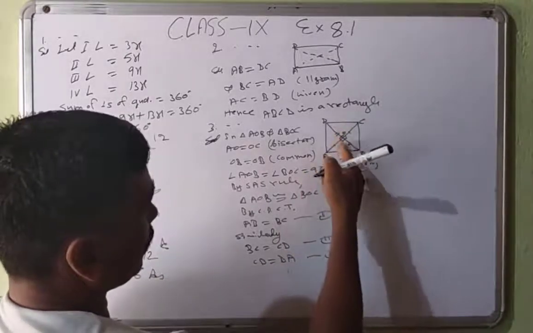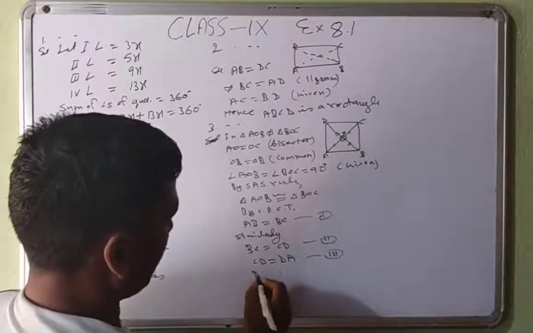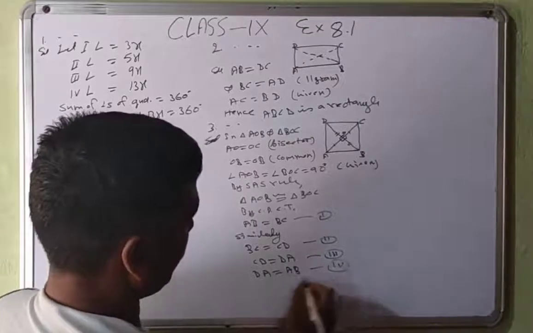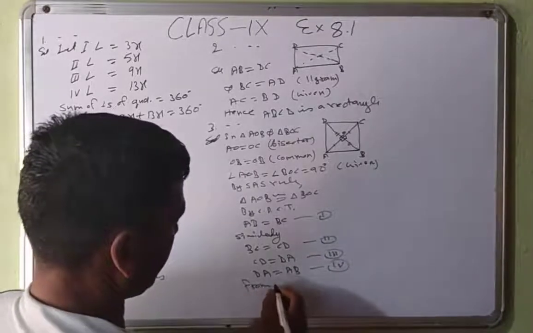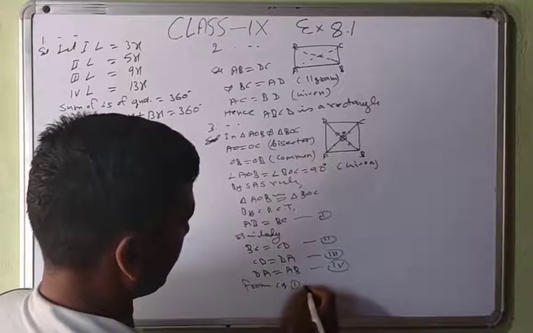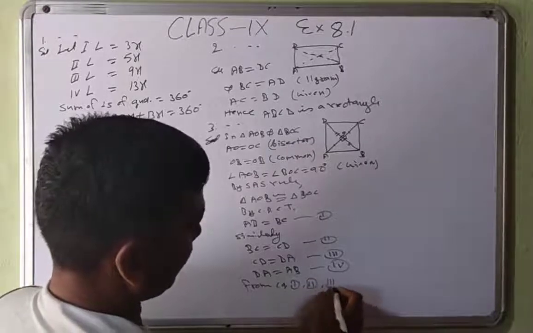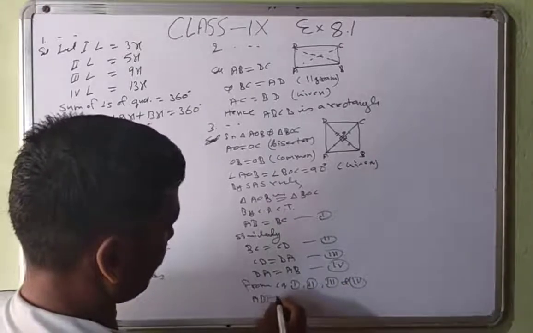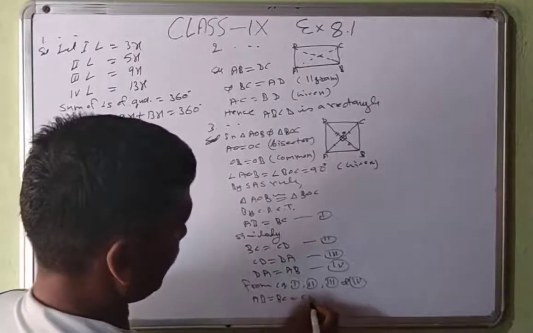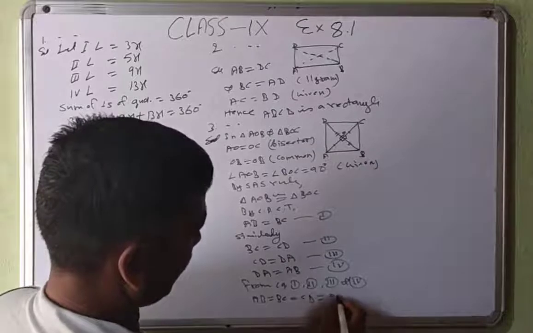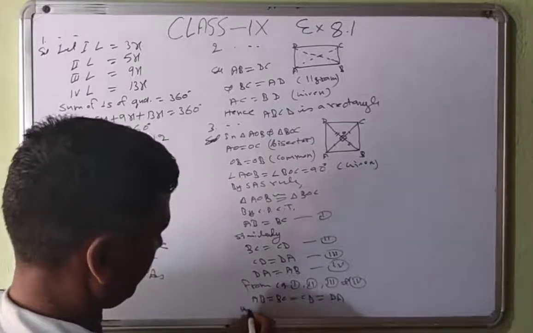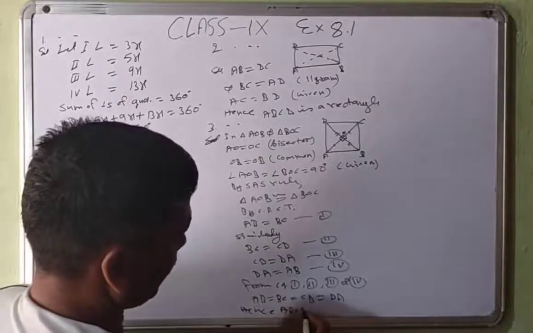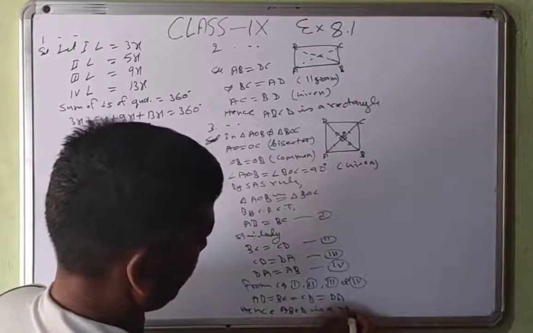Similarly, we take these two, DA is equal to AB. Now from equations first, second, third and fourth, AB is equal to BC is equal to CD is equal to DA. Hence ABCD is a rhombus.